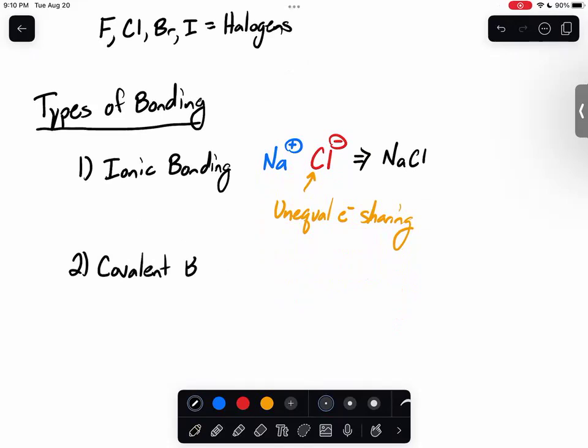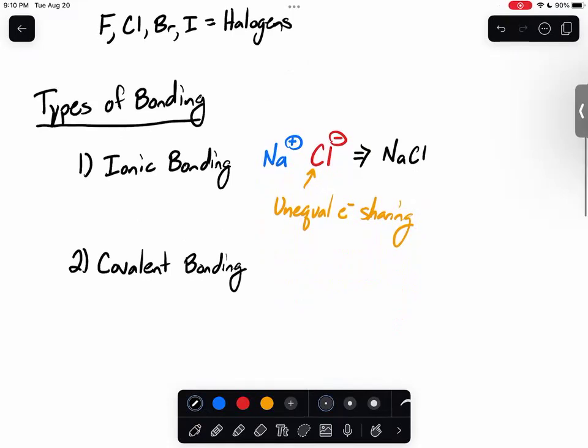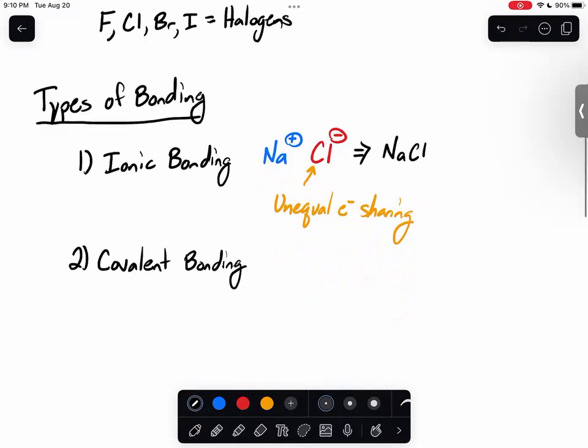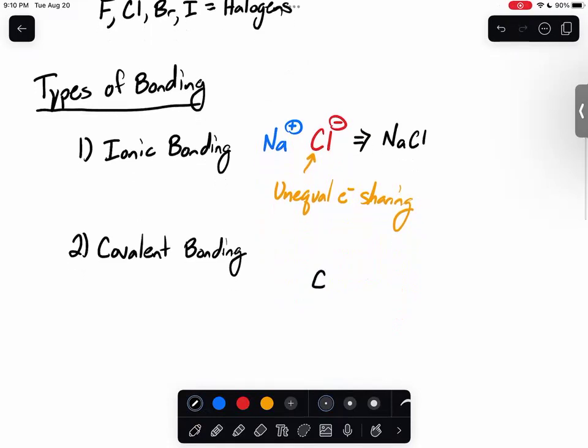Covalent bonding, very simply stated, is the opposite of what we see with ionic bonding. Where ionic bonding is unequal electron sharing, covalent bonding is equal electron sharing. So we can think of something like a carbon-hydrogen bond here. We'll draw this out as a full structure so that I'm not missing anything. This bond right here contains electrons, and there are actually two of them in there.